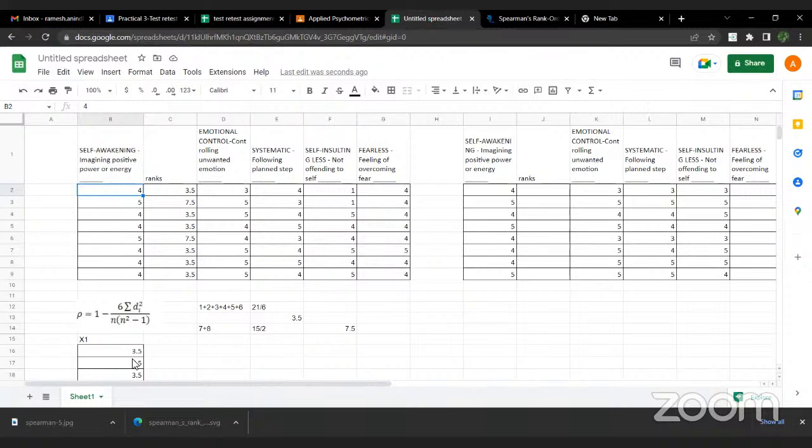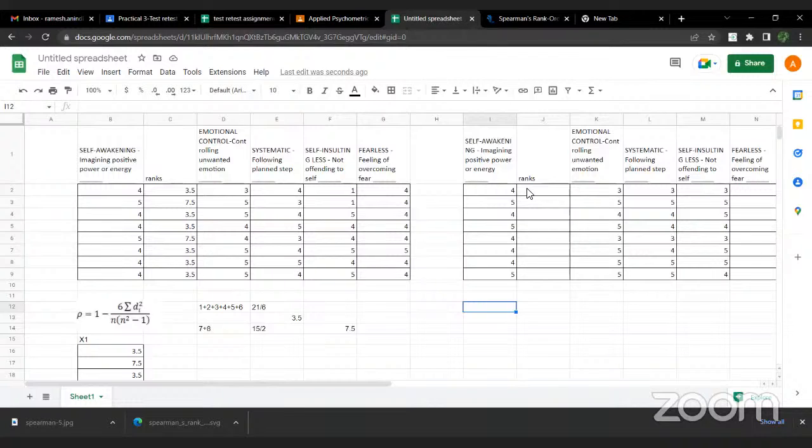So this is the attempt 2 that we're trying to understand now. Can you calculate the ranks for each of the numbers given? We have 3 5s and we have 5 4s. So can you calculate what would be the rank?